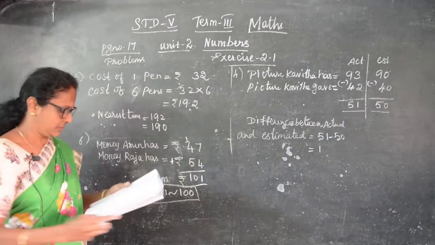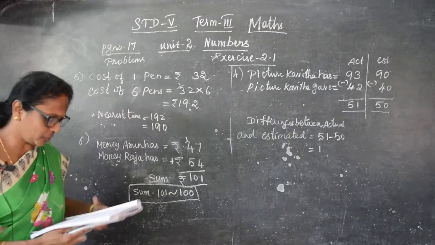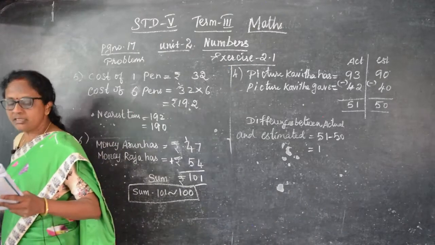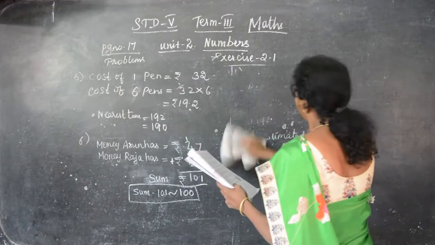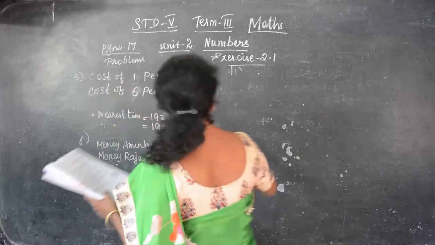Then there are 21 chocolate bars in a packet. Find the number of chocolate bars in 9 such packets and estimate to the nearest hundreds place. So how many bars of chocolate is there? There are 21 chocolate bars in one packet.